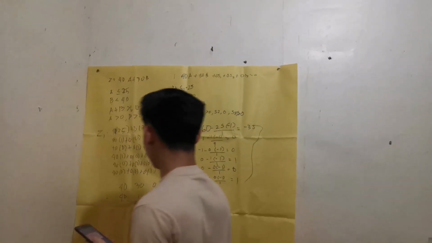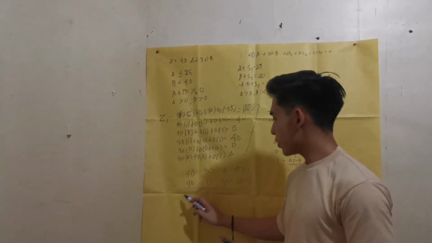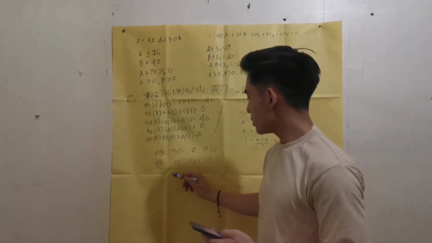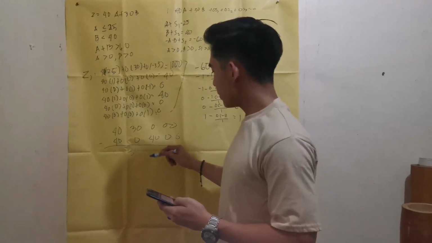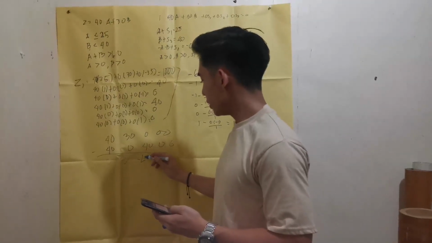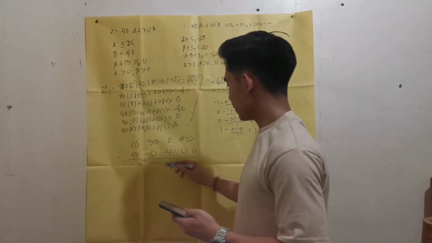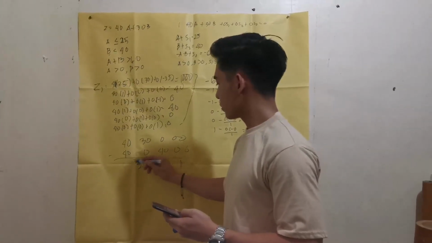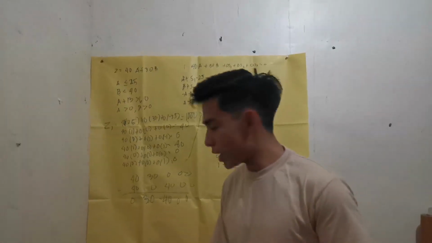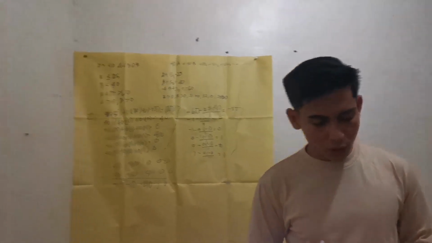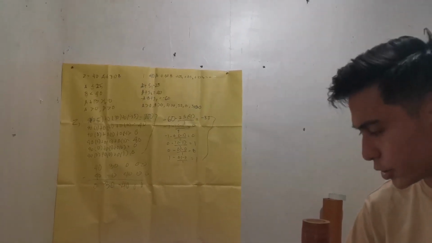So, minus natin. 40 minus 40 is 0. 30 minus 0 is still 30. 0 minus 40 is negative 40. 0. Ito yung z sub j and c sub j. So, ilagay natin siya sa c sub j minus z sub j row. Ito na siya. So, as you can see, may positive na naman siya.